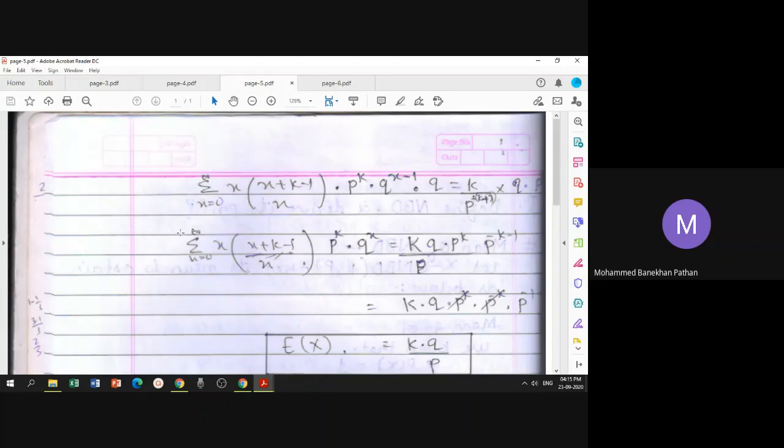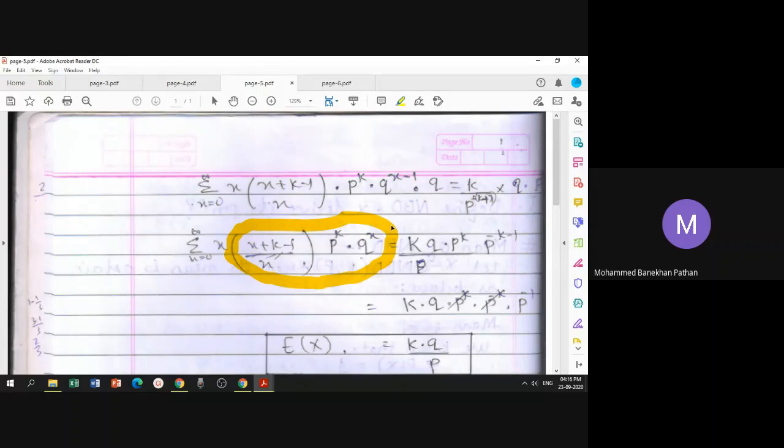Look at the left hand side, what is happening? x plus k minus 1 choose x, p raised to k, q raised to x. This entire thing, what I highlighted, this is your p(x). So according to the definition of mean, it is summation x multiplied by p(x). This yellow mark, the entire mark is p(x).